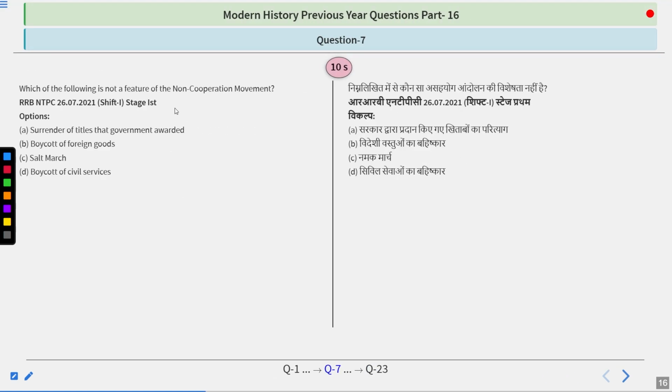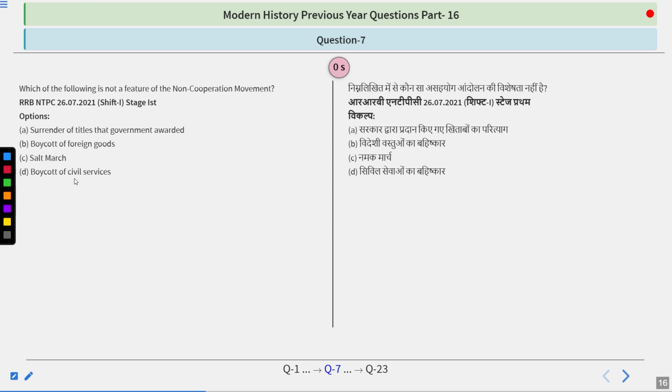Which of the following is not a feature of the non-cooperation movement? Surrender of titles that government awarded, boycott of foreign goods, salt march, boycott of civil services. Think about it. So as we know, the boycotting thing started in 1905 when Swadeshi movement was started.